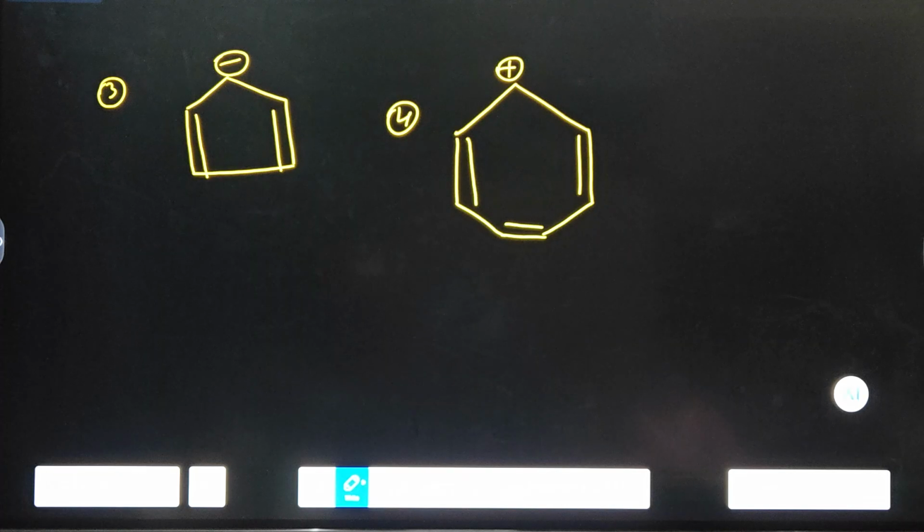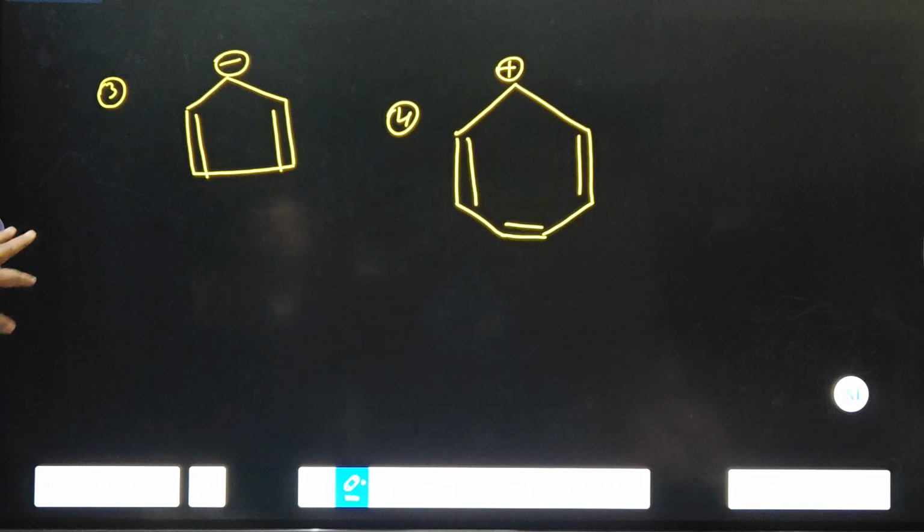First of all, you tell me what is rule 1 for aromatic? What is the first rule? Cyclic. Second one? Planar or not? First one is planar. All are sp2 only. In the second one also all are sp2 only.